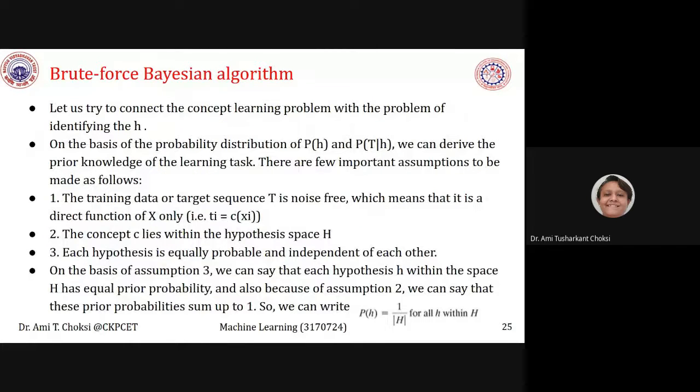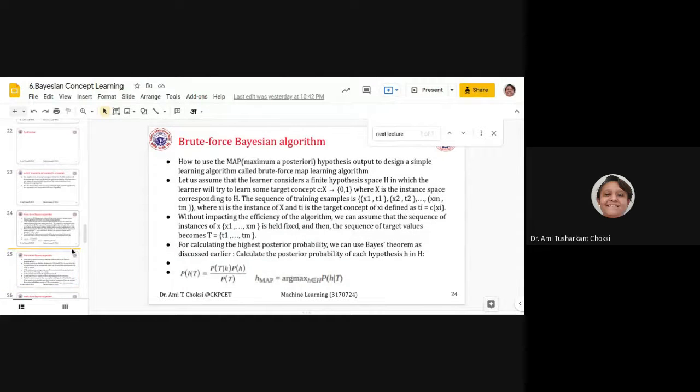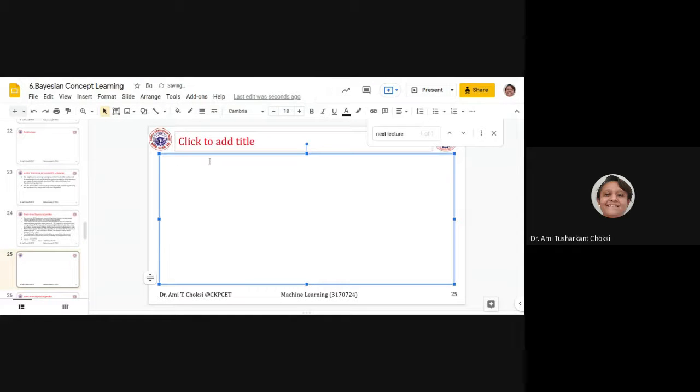For example, let me say we are having a simple Bayes computer example. Over there, we say that if a person is a student, he will have the computer.